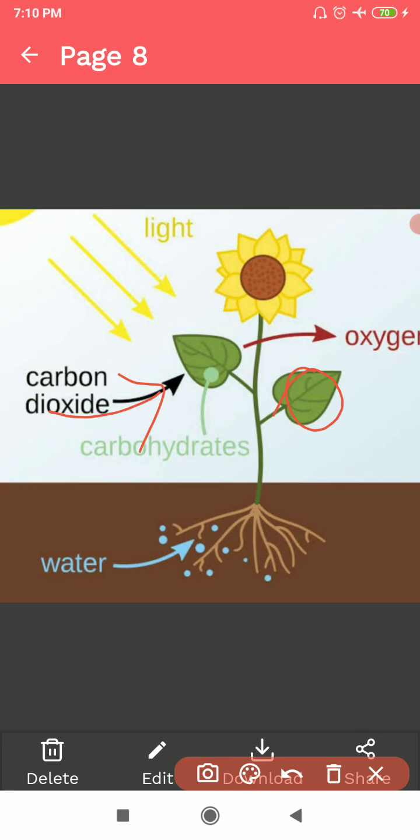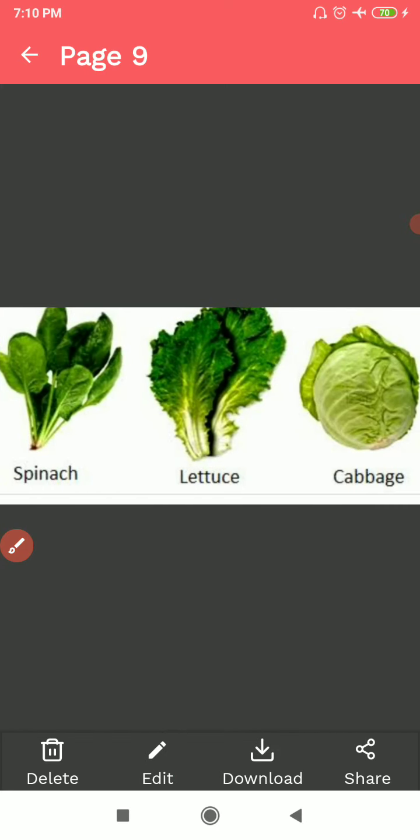During photosynthesis, leaves give out oxygen. This oxygen is very important for all living things. They use it for breathing. In some plants, leaves store the extra food that is prepared. Examples of such plants are spinach, lettuce, and cabbage.